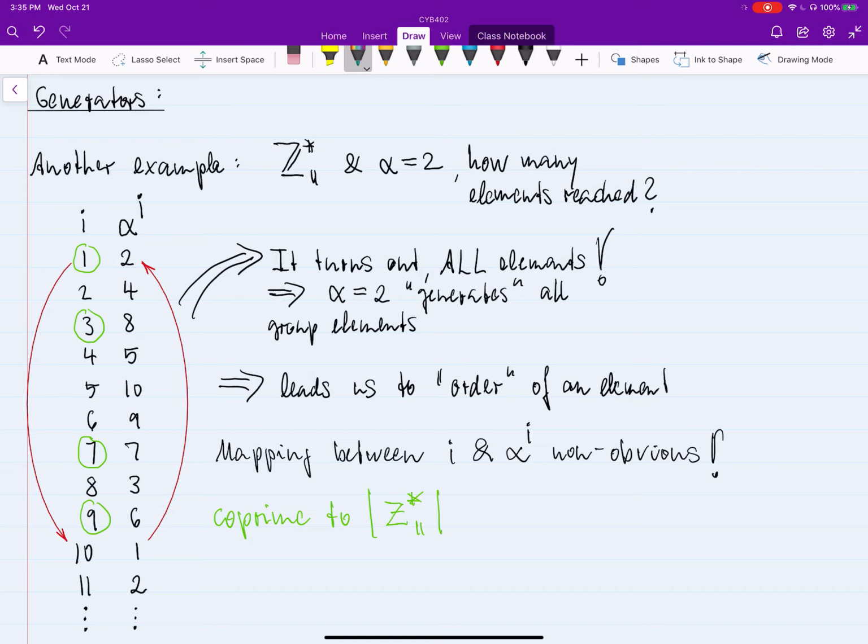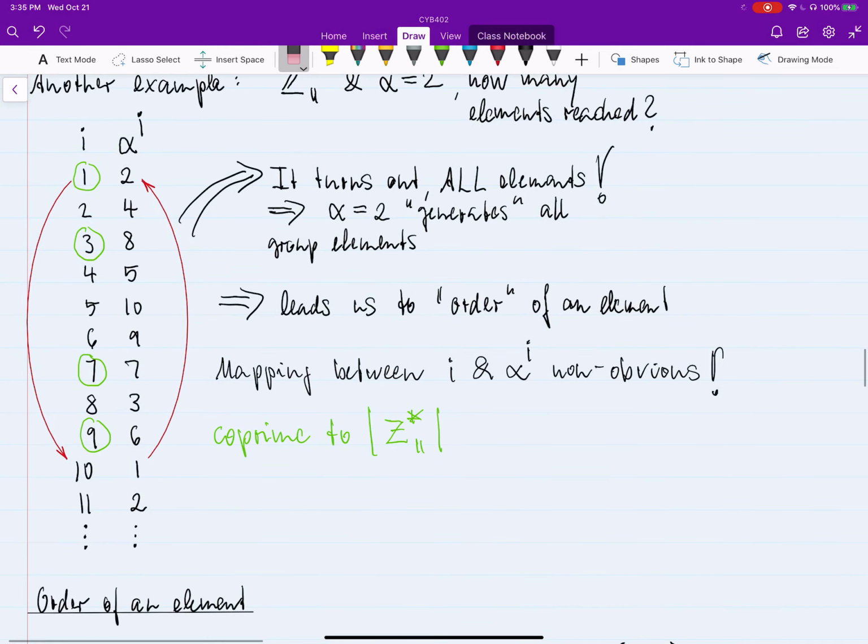To discuss that, we are going to look into a different alpha. This time we choose alpha being 2. And we ask the question, how many elements can we reach with this alpha, with this base? If you do the computation, it turns out that the cycle we have here is the maximum cycle that we could possibly get, because we actually reach all of the elements.